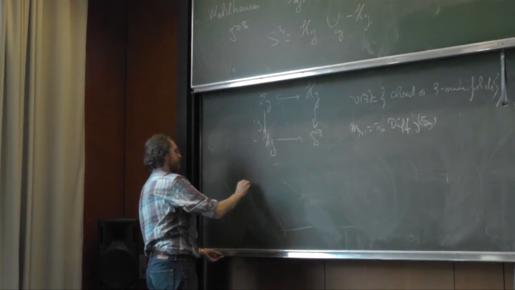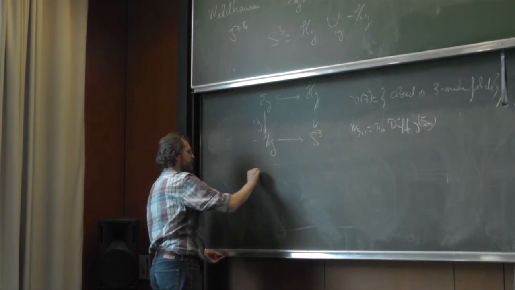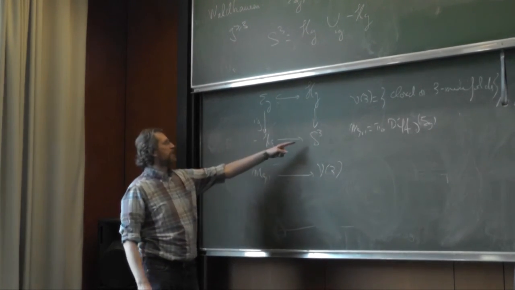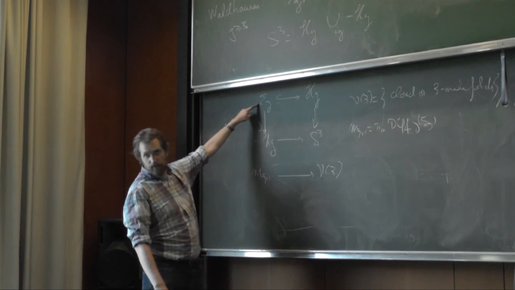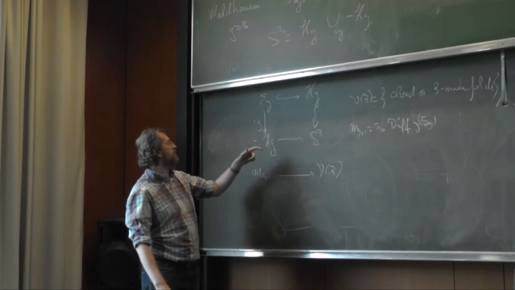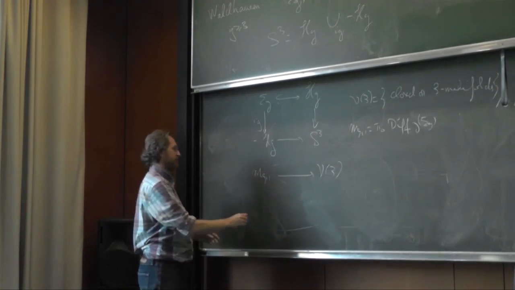You have a map from the mapping class group into V3 by just taking your sphere, cutting it along sigma g, and gluing back, but before you glue back, you twist the gluing by an element of the mapping class group.